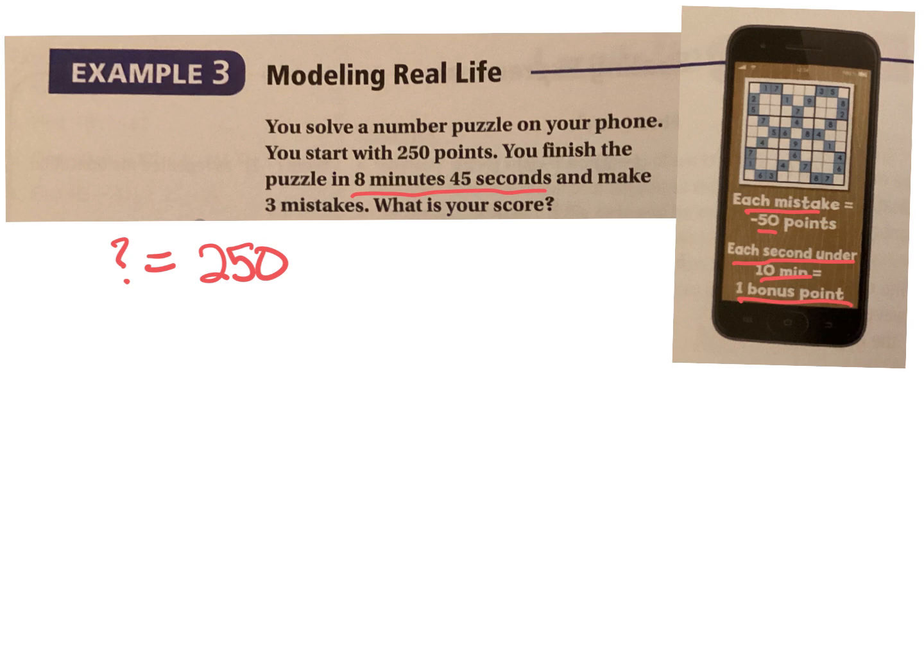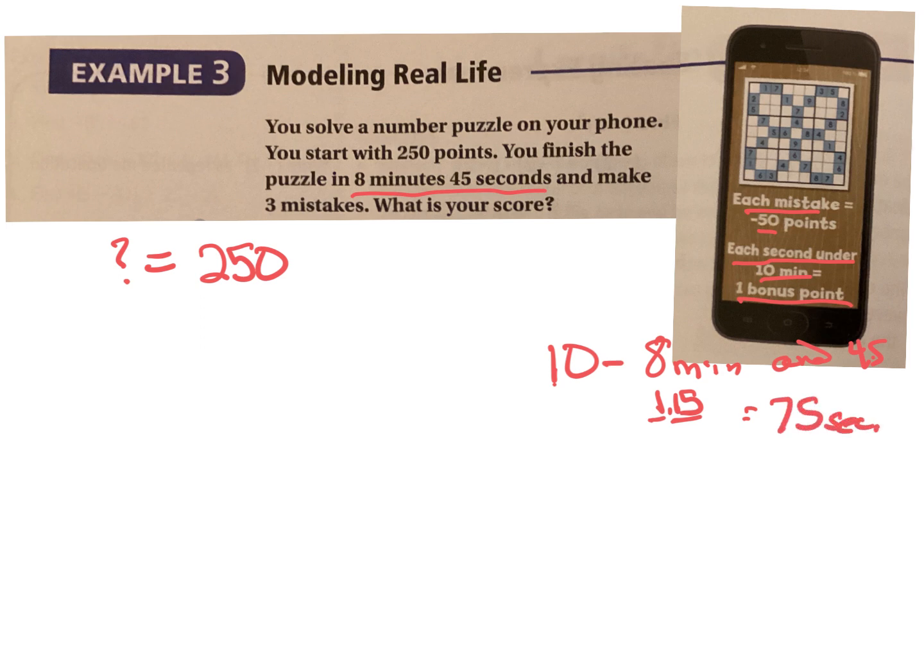Okay, under 10 minutes. So we have to take 10 minutes minus 8 minutes and 45 seconds. How do I get from 8 minutes and 45 seconds up to 10 minutes? Well, that's 1 minute and 15 seconds. Let's put that in seconds. Well, 1 minute is 60. 60 plus 15 equals 75 seconds.